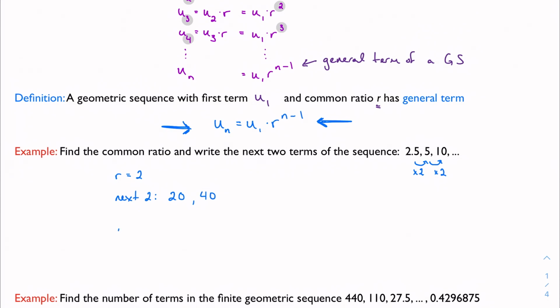If I did want to write the general term, I could, right? u sub 1 times r to the n minus 1. Right? 2.5 times 2 to the n minus 1. And it's worth noting here that I can't combine these. Please be careful of your order of operations.